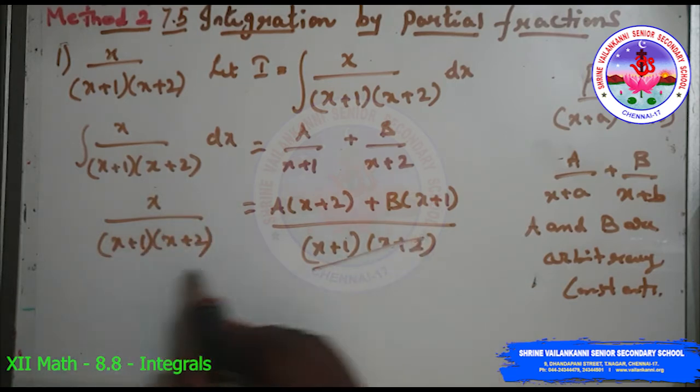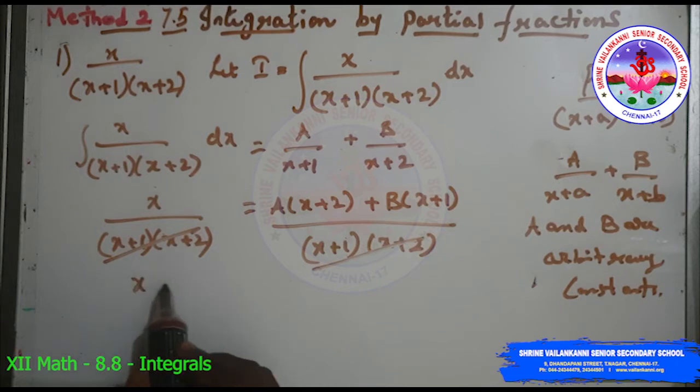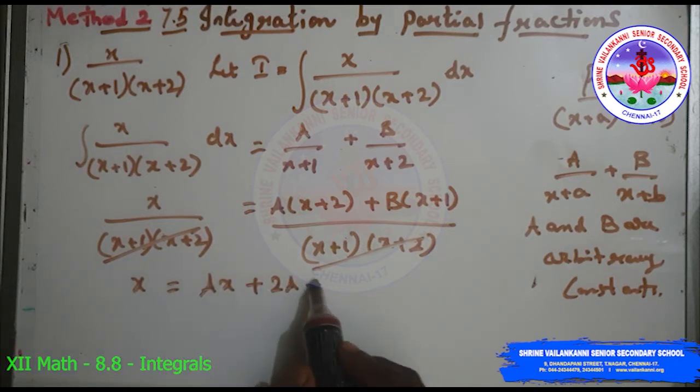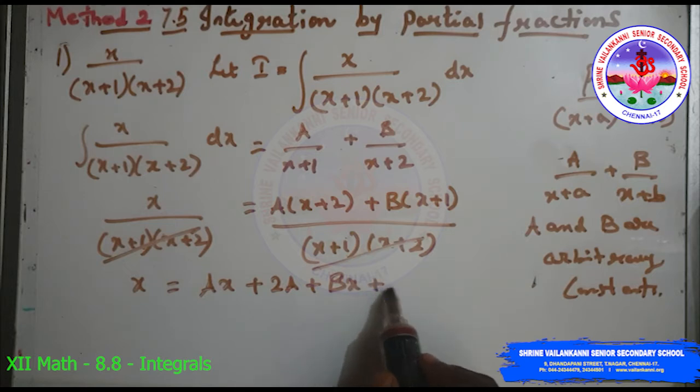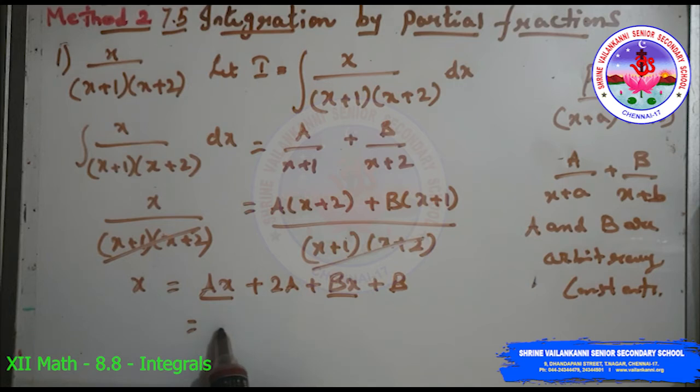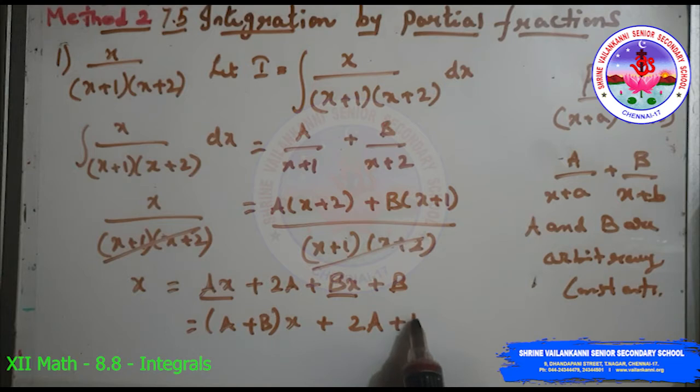So cancelling this, x is equal to ax plus 2a plus bx plus b. I am combining the x terms, which is equal to a plus b into x, and the constant term separately, plus 2a plus b, which is equal to x.